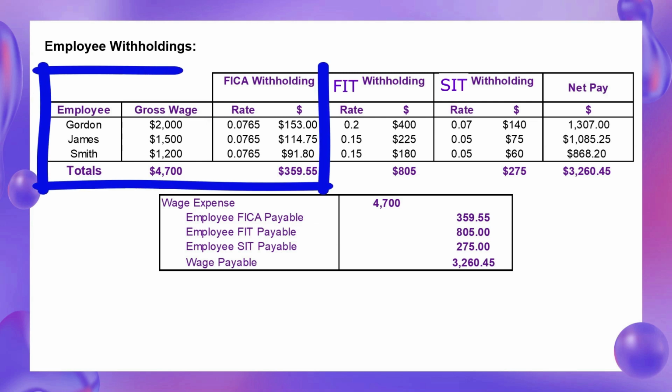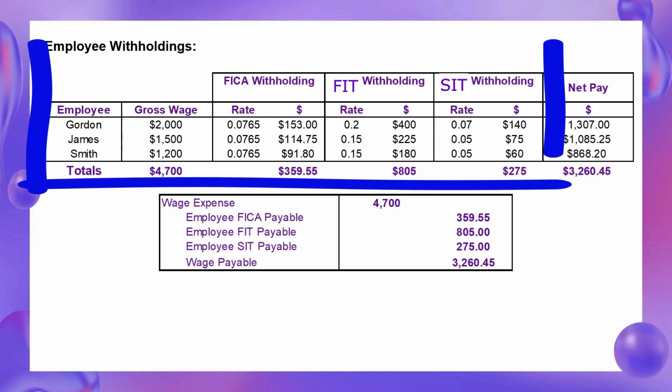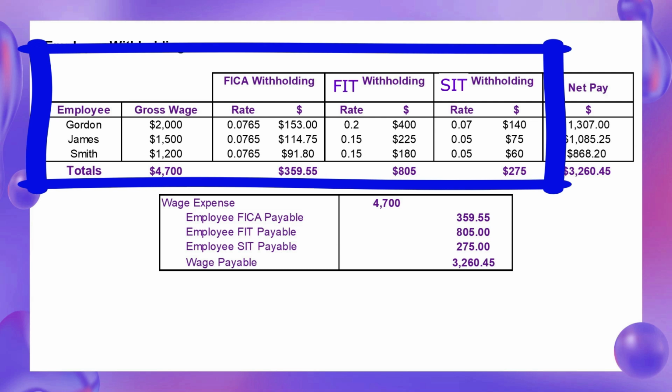The employee FICA tax withholding rate is reflected. Then also for the federal income tax, and again, that's a different rate for the different employees based upon how they completed their W-4 form, which is usually a reflection with higher rates for those employees with higher salaries and wage rates. And then finally, the state income tax has also been provided to you.